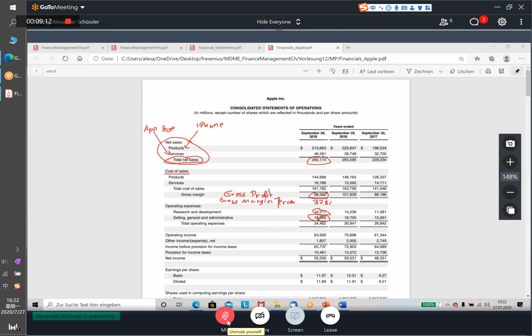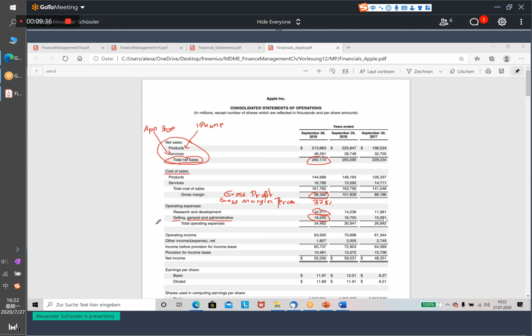Very good. So selling expenses can be transportation expenses when they ship something to the customers or whatever. And when we're talking about general and administrative expenses, this is, for example, the salary of the CEO. So this is about transportation, but also about the salary of the CEO.